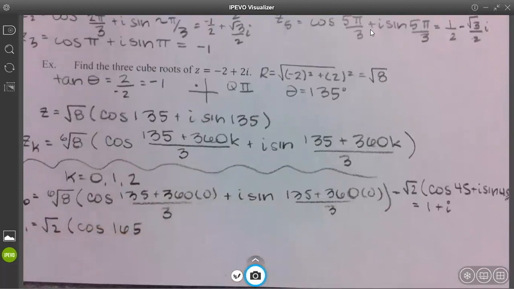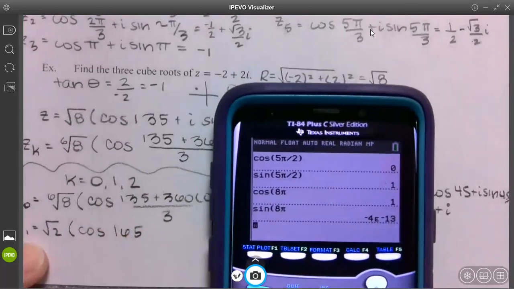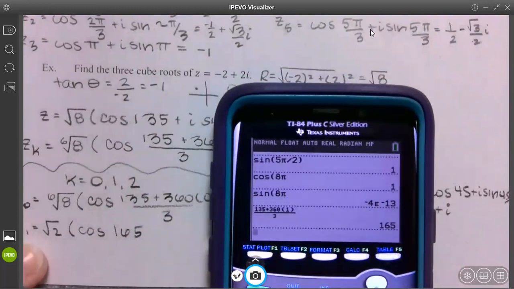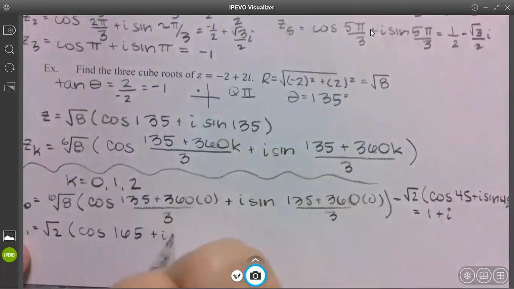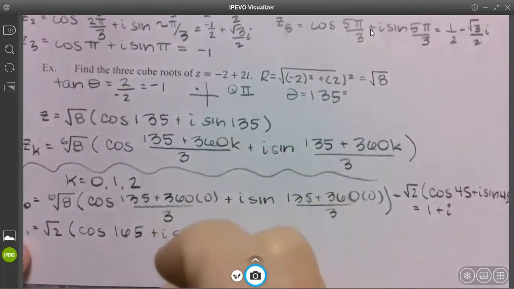So again, don't stress out too much. I'm trying to do it so we can get done. 135 plus 360 times 1 over 3 gives us 165. So I just wanted you to make sure where I got that from. i sine 165.